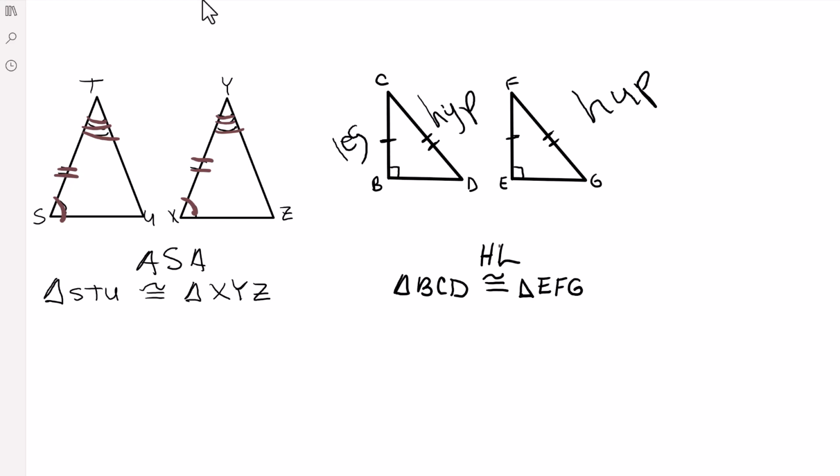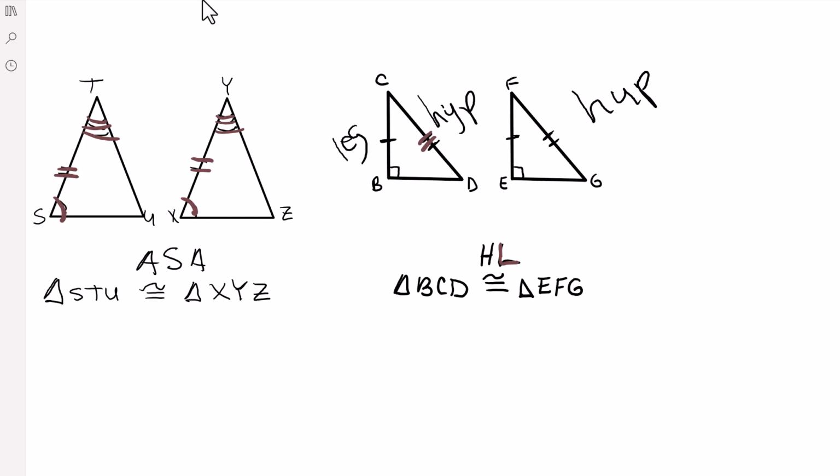This was not what it was called when I was in high school. They called it this, but they said be really, really careful because it doesn't always work. But it works each time if it's hypotenuse leg.